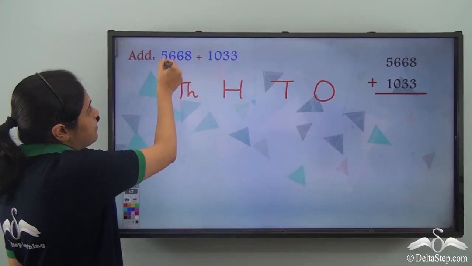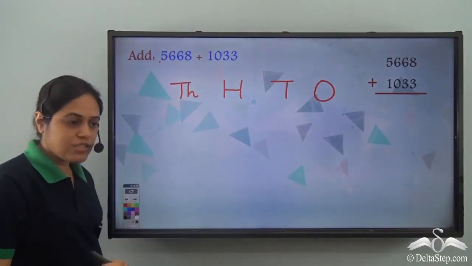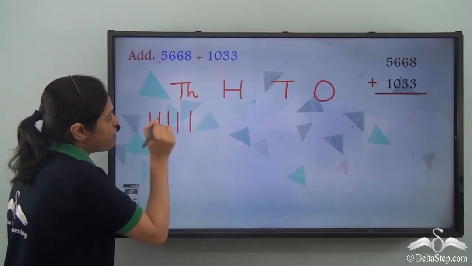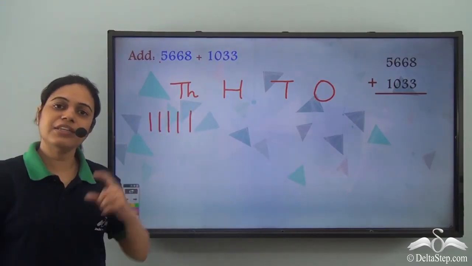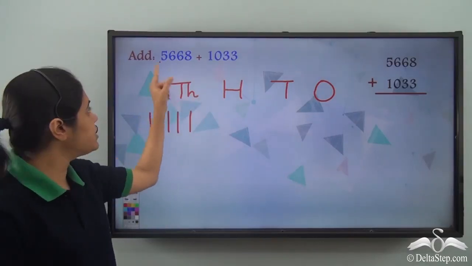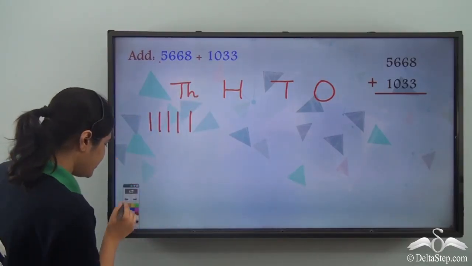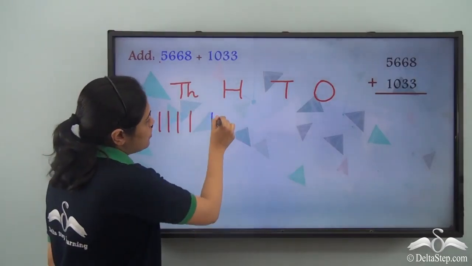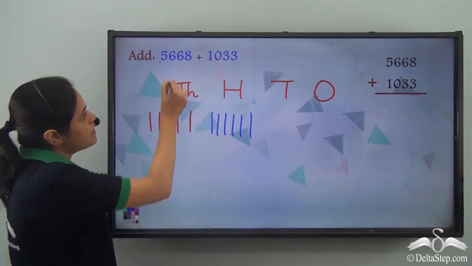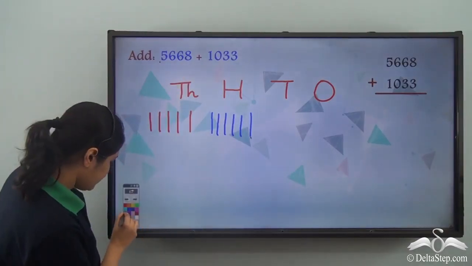Now, this number has 5 thousands. So I can also write 5 like this in the thousands place. This represents 5 thousands. It has 6 hundreds. Again 6 tens.